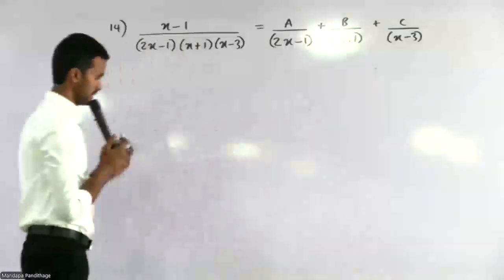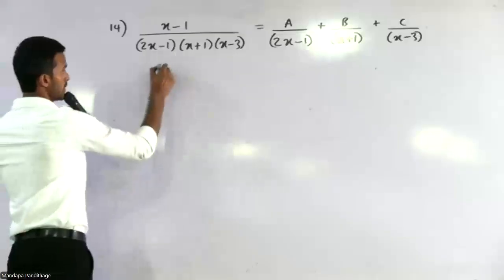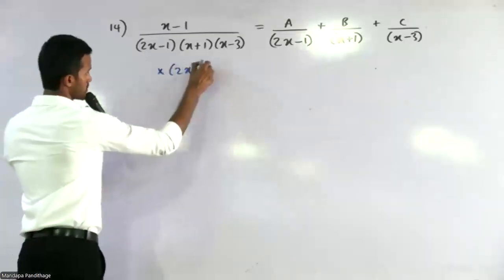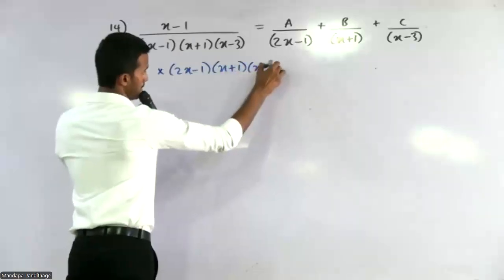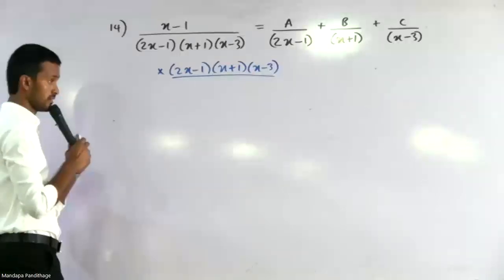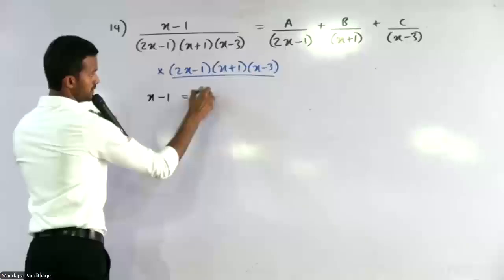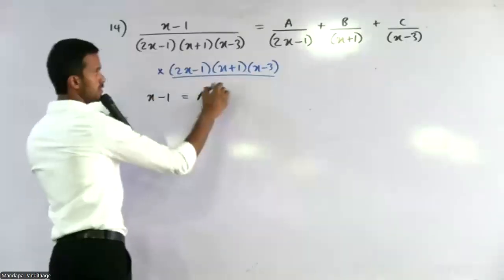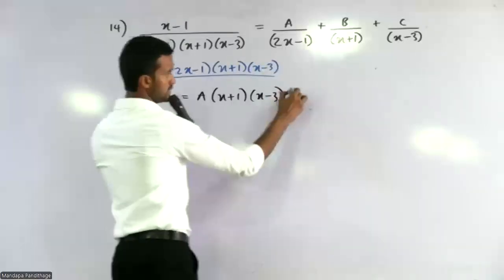Okay, multiply by the denominator (2x minus 1)(x plus 1)(x minus 3). So here it will be x minus 1. And here, when 2x minus 1 cancels off, it's A(x plus 1)(x minus 3). When x plus 1 cancels off, it's B(2x minus 1)(x minus 3).